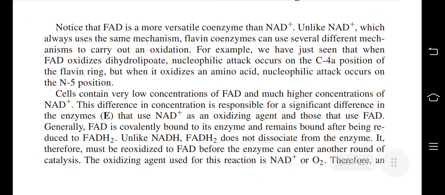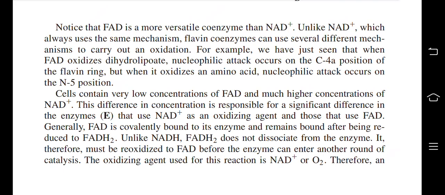Notice that FAD is a more versatile coenzyme than NAD positive. Unlike NAD positive, which always uses the same mechanism, flavin coenzymes can use several different mechanisms to carry out an oxidation. For example, we have just seen that when FAD oxidizes dihydrolipoate, nucleophilic attack occurs at the C4a position of the flavin ring.